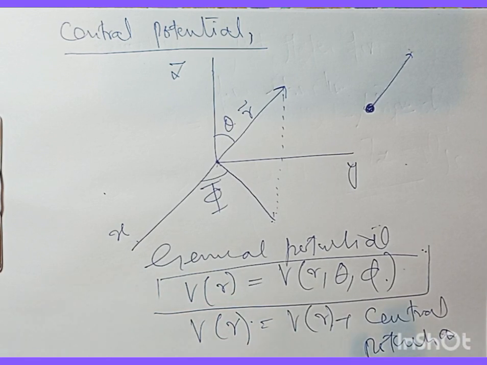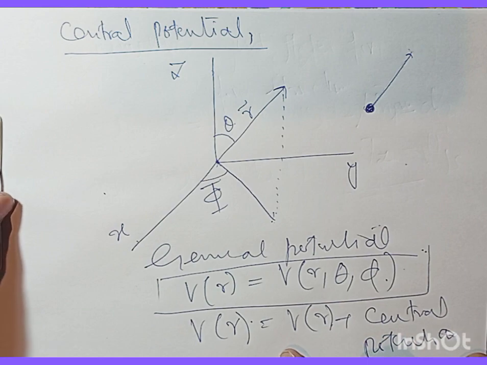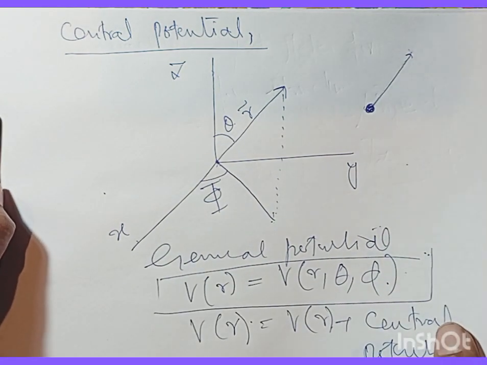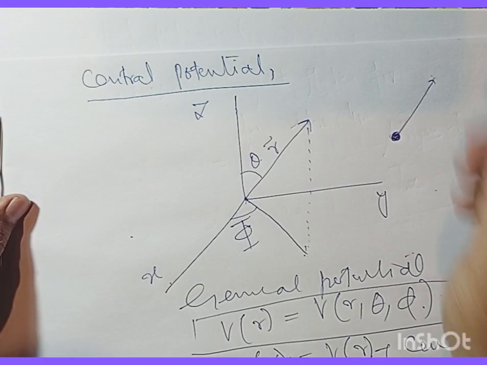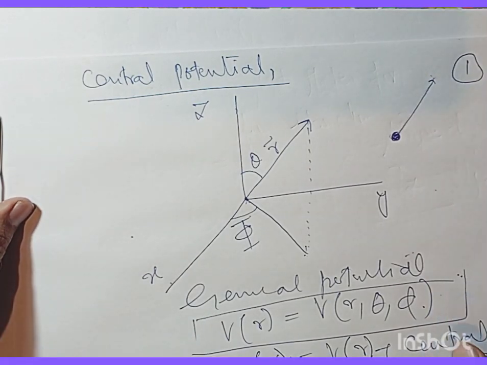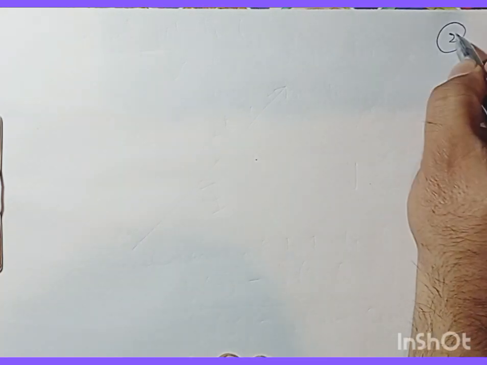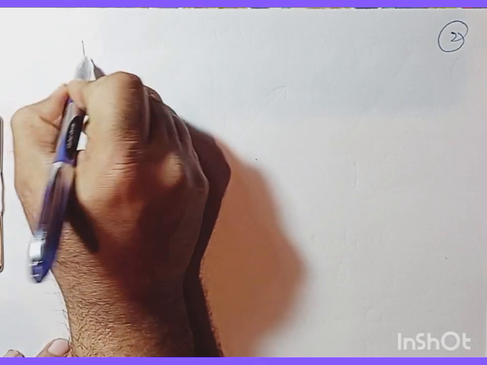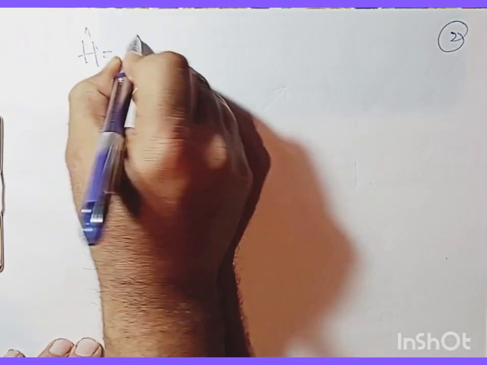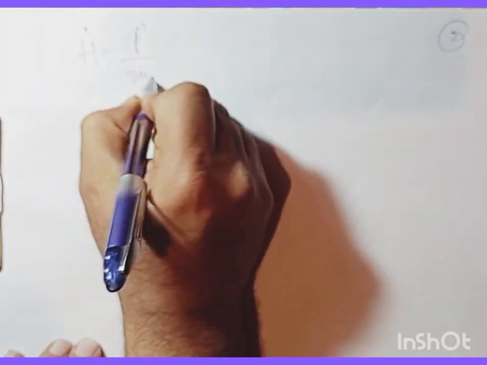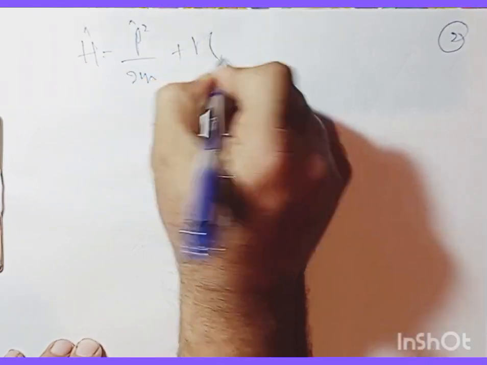Now, the technique of central potential can be used in different situations and problems. We can use it in the isotropic 3D harmonic oscillator, in a spherical box, and in the simplest case, the hydrogen atom. If I write down the Hamiltonian for the hydrogen atom, it's p squared by 2m plus V of r.